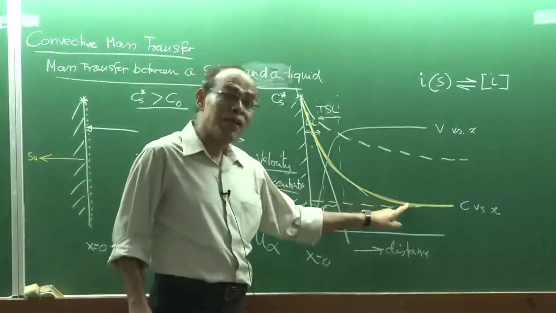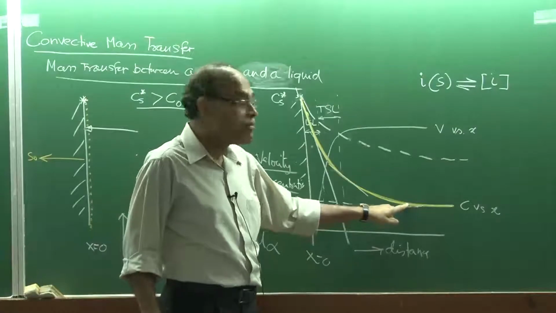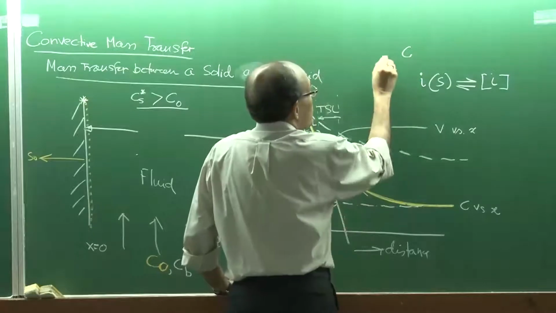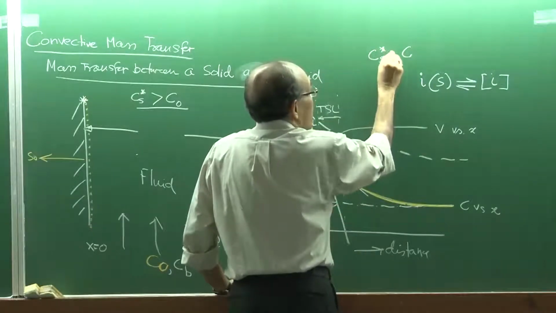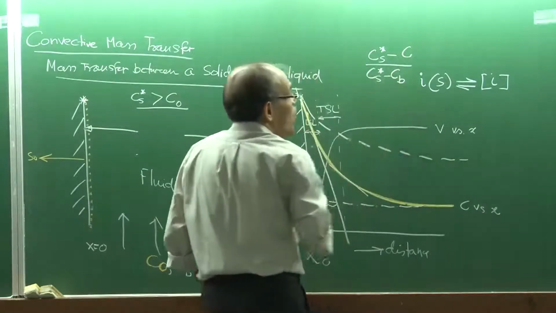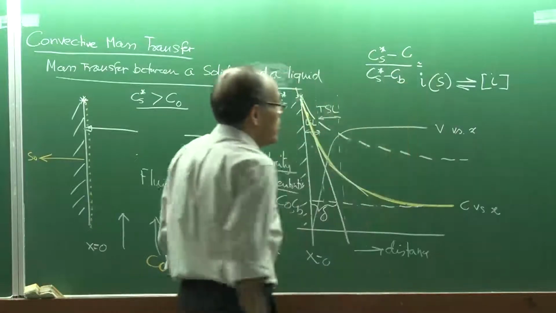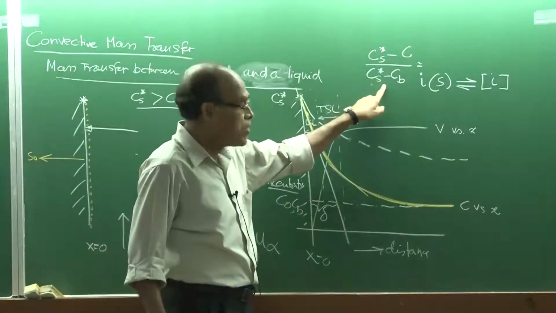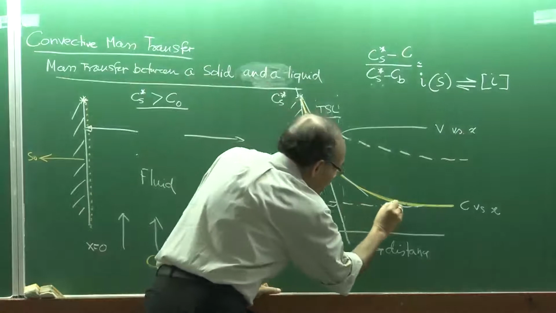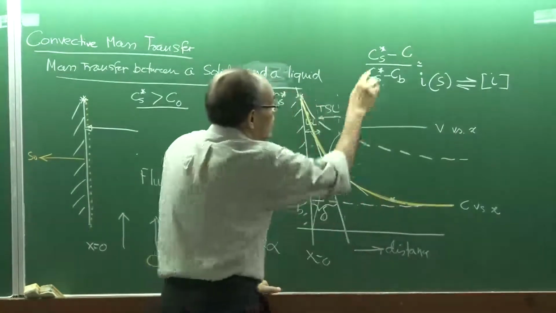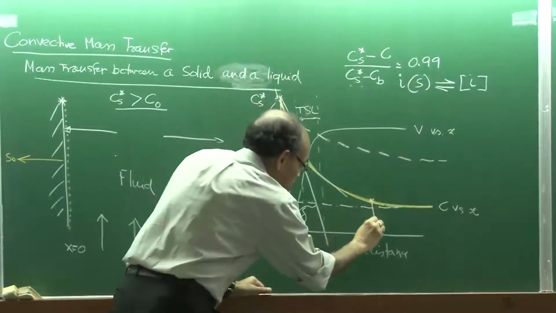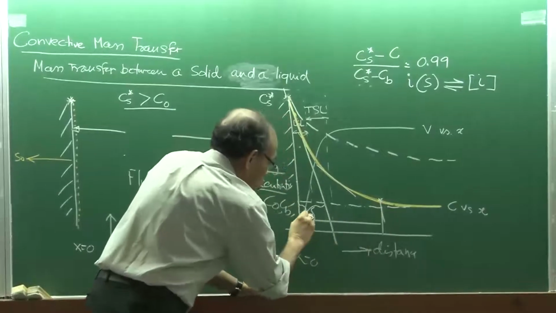The boundary layer, as per our definition, you remember, where I said that if you take the concentration C, and then you have Cs star, and then Cs star minus C0 or C bulk, when this ratio is roughly 99% of this ratio, in that case we can say that point is equal to it. So if at this particular point this ratio is almost equal to 0.99, then I will say this distance is the concentration boundary layer.